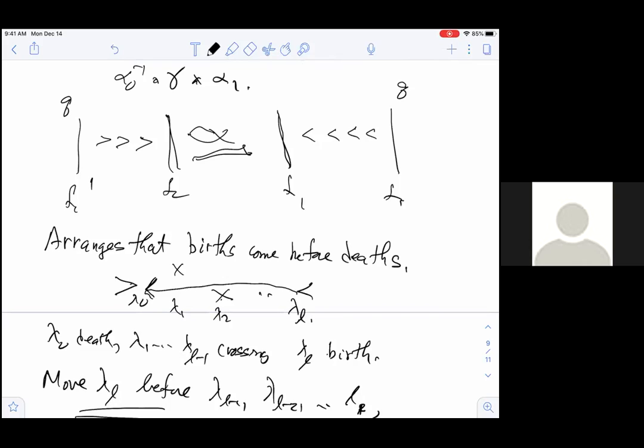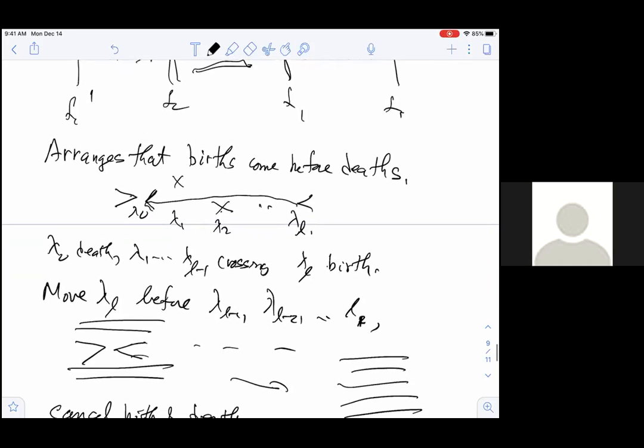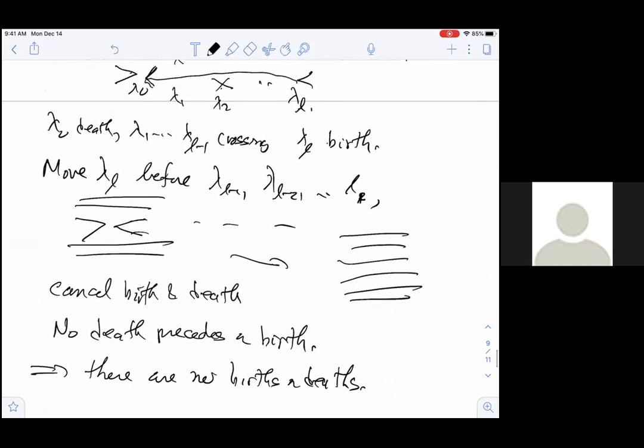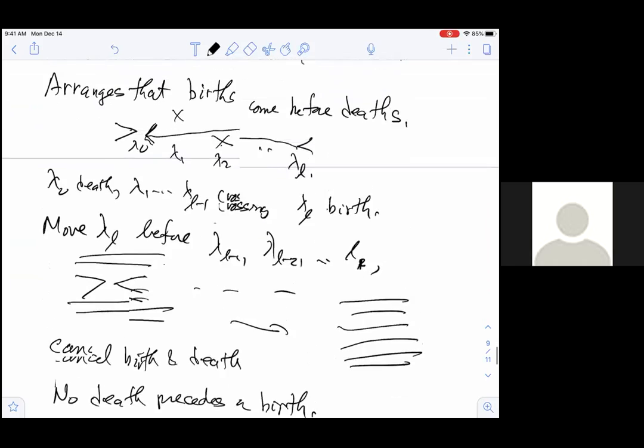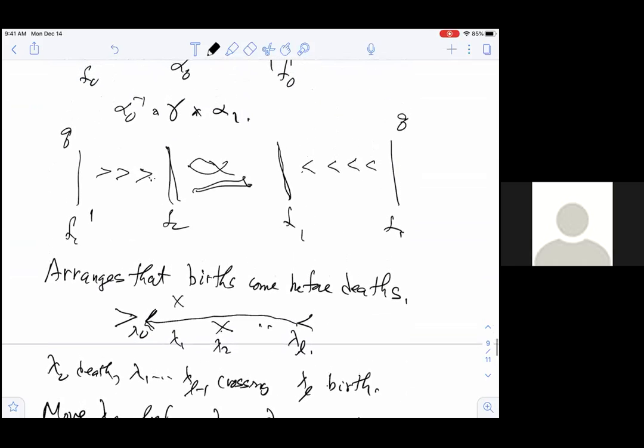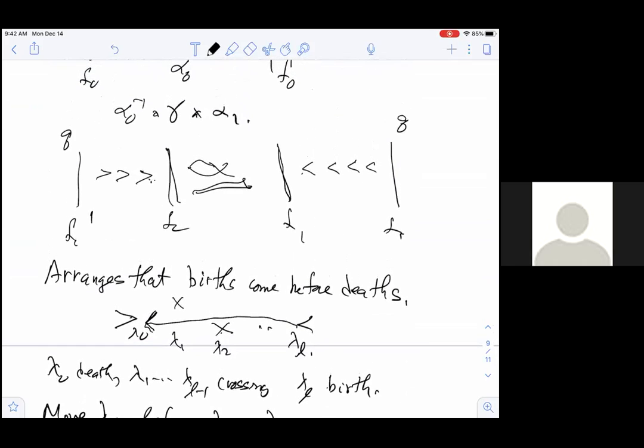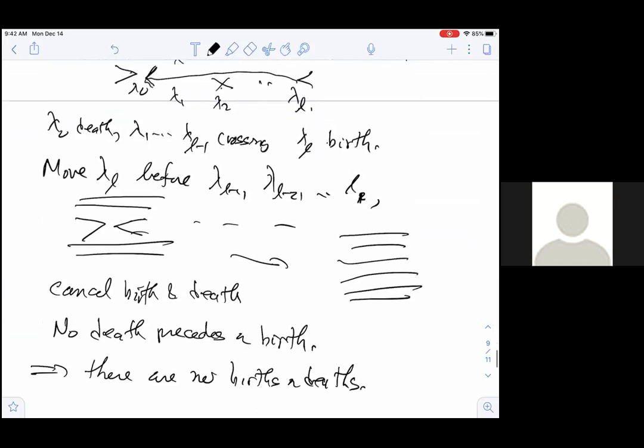So when I move these deaths to cancel the births, they move all the way through here and they cancel. Well, if there were any births occurring before the deaths now, but you start with Q critical points of each type, and you never get more than Q, so you can't have a birth occurring before a death. So there are no births and there are no deaths.